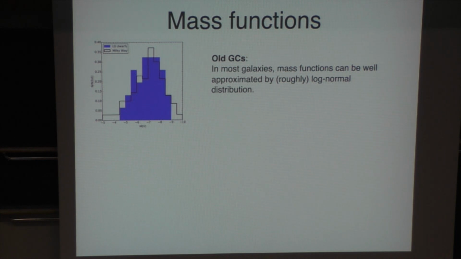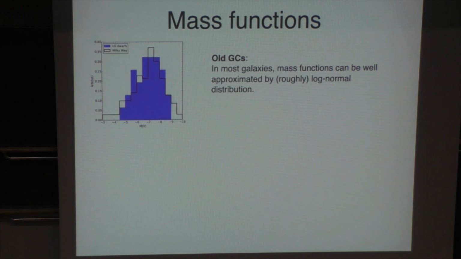One is the mass functions. If you plot up the mass function of old globular clusters in the Milky Way or most other galaxies, you will find that it is roughly of this log-normal shape. If you plot a histogram of the absolute magnitudes, you will see that you get something that looks more or less like a Gaussian.